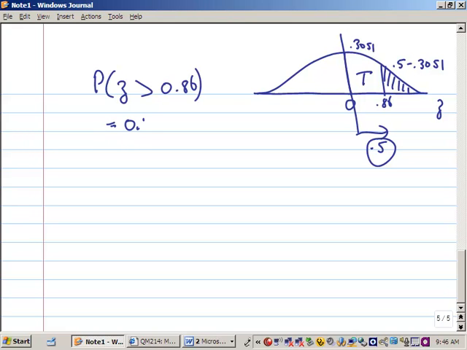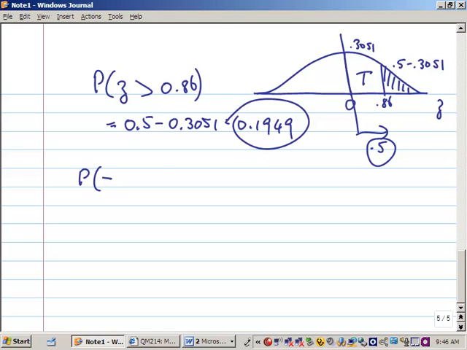Alright, so this is not exactly a complement, but it's similar in concept. And whatever that will be, 0.1949 or something. Okay, and so we can find areas in the tail like that.